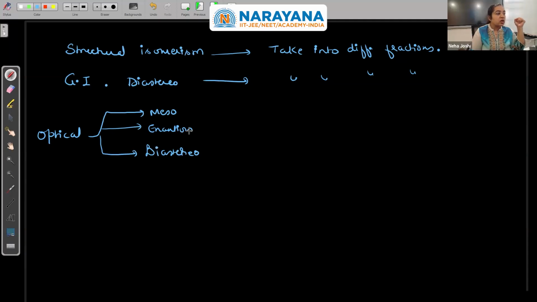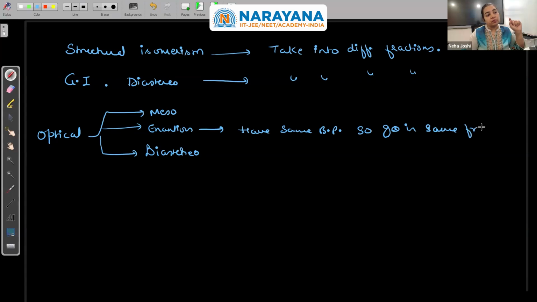Enantiomers have the same boiling point, so an enantiomeric pair will go in the same fraction. But if one enantiomer and another isomer with which it is forming a diastereomer, it will have a different boiling point.